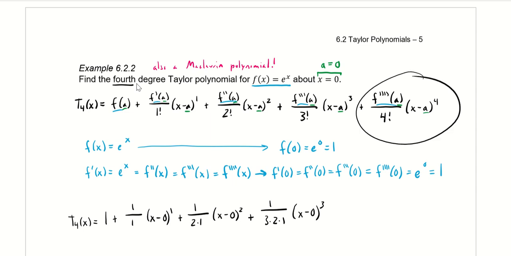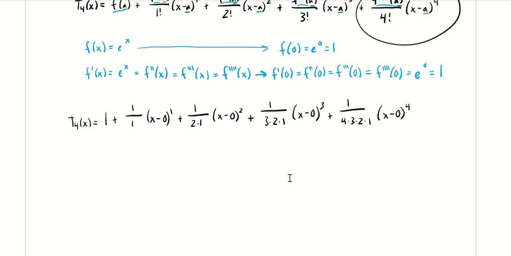And then finally, this last part, this is the fourth derivative. That's also 1 in this case, over 4 times 3 times 2 times 1 times x minus 0 to the fourth. Now it doesn't look like we have any terms that'll go straight to 0 here, but we can simplify this a little bit. This is 1 plus x minus 0 is x times 1 is x.